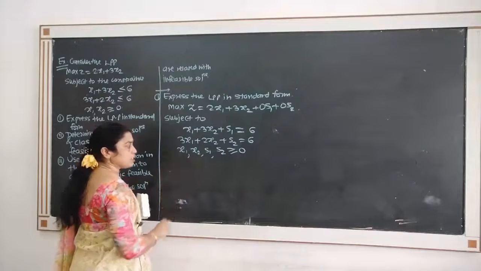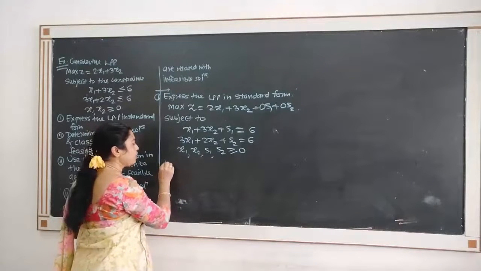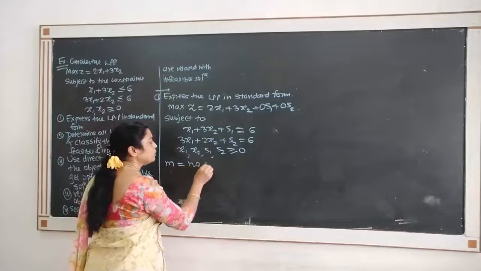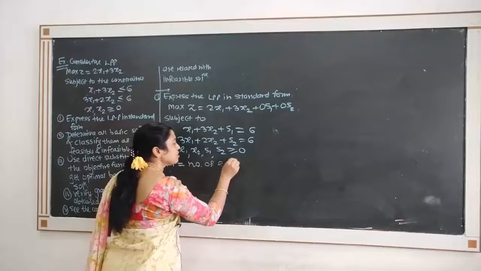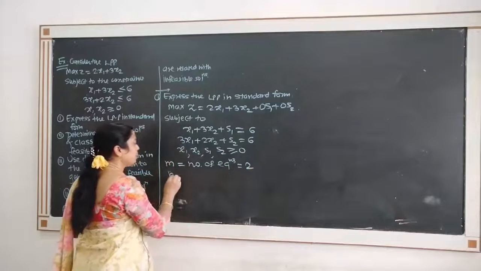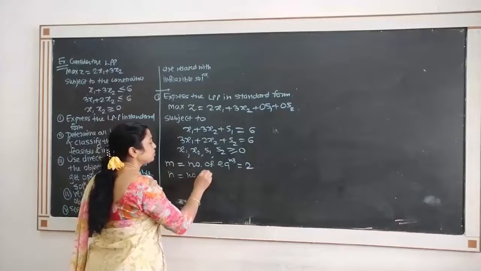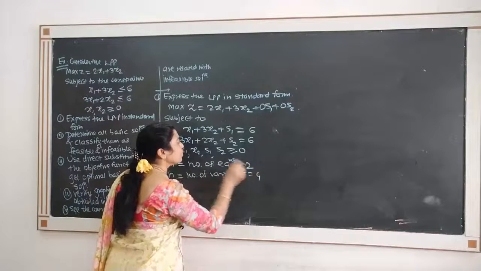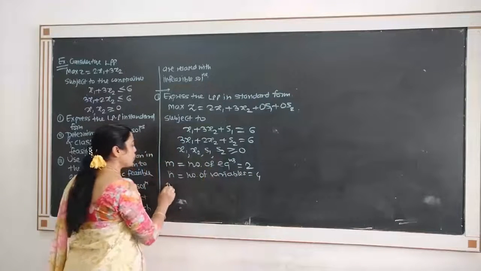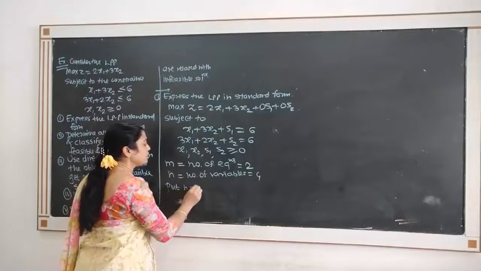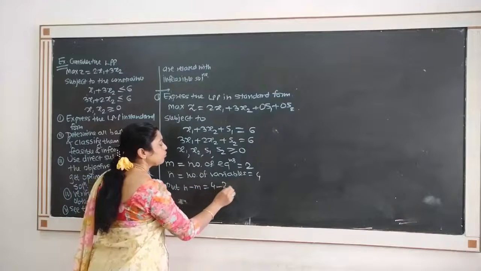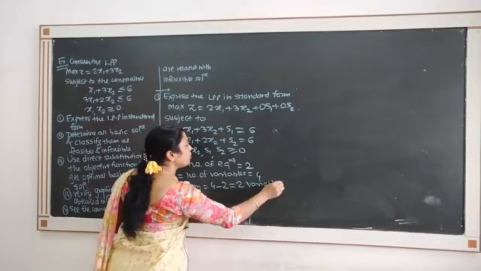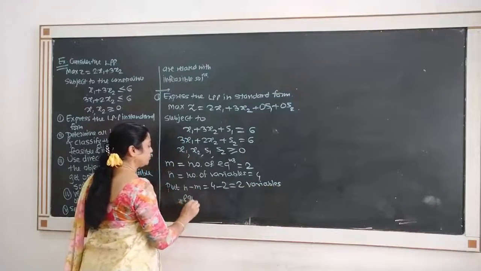Now to solve this algebraically, we will see how many equations there are. So m, the number of equations, in this case is equal to 2. n, the number of variables, comes to be 4: x1, x2, s1, s2. So we assign n minus m variables, that is 4 minus 2, so we always put 2 variables equal to 0.